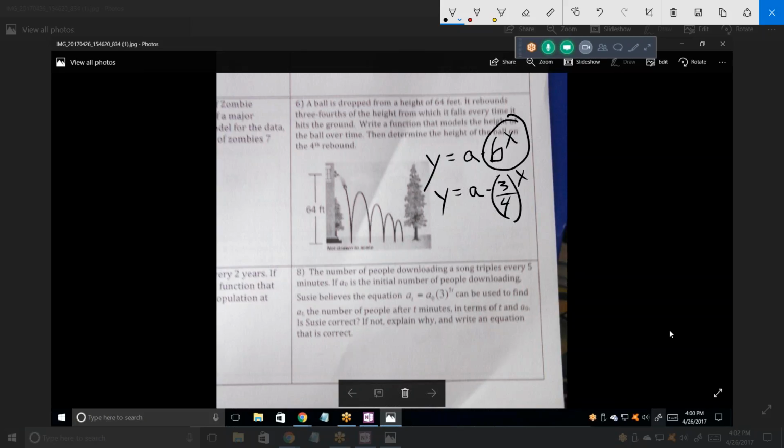If y is the height at any point in time, then yeah, a is going to be 64. In other words, when x is 1, first bounce, it's going to bounce up 3/4 to the 1 power times 64. So yeah, the function appears to be this.